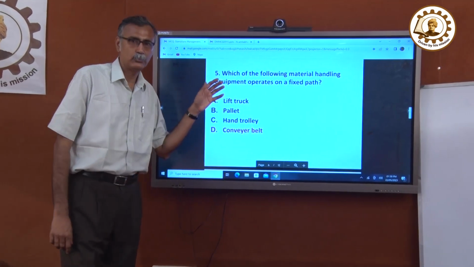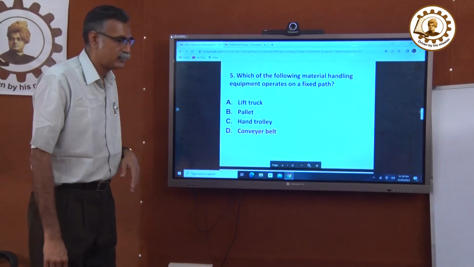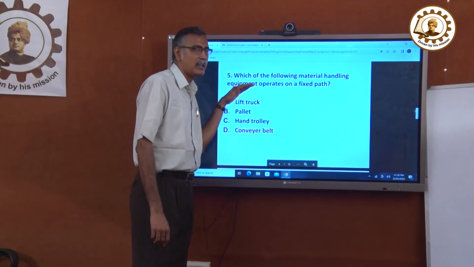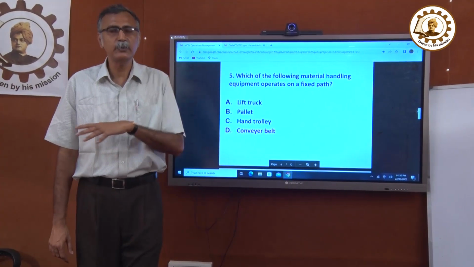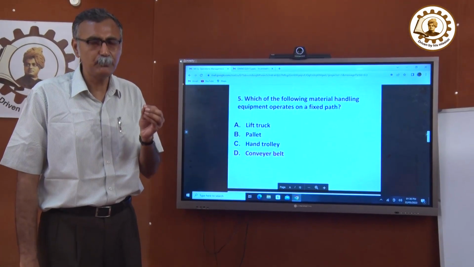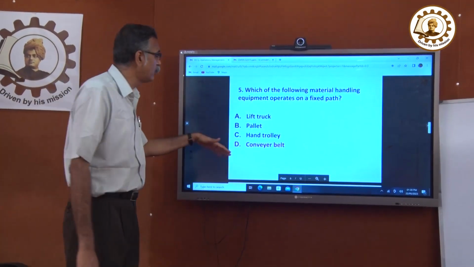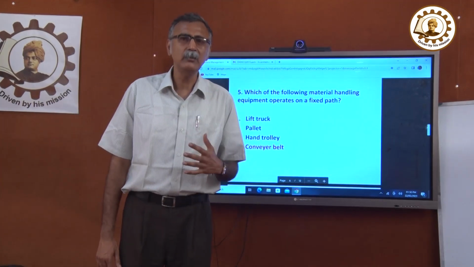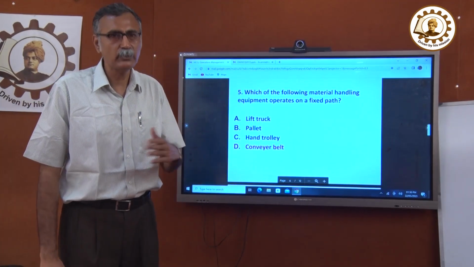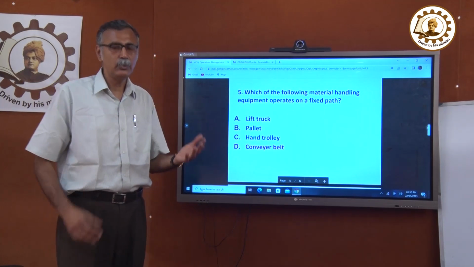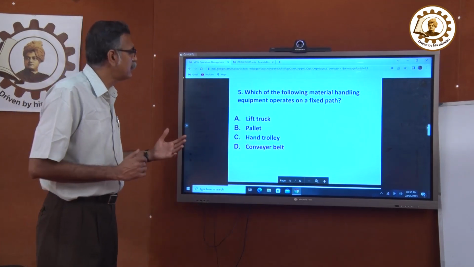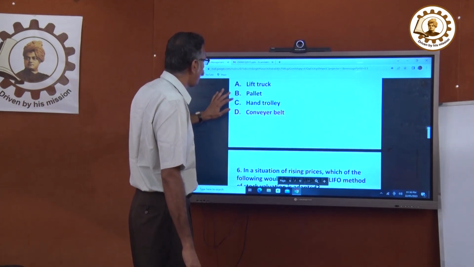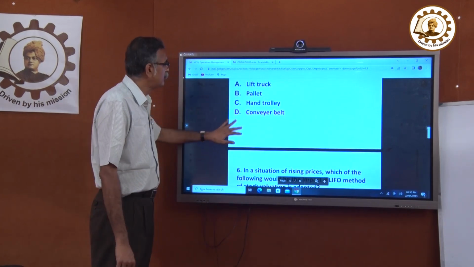Pallets have wheels under them, and hand trolleys also can move anywhere within the plant, with no pattern of movement. But the conveyor belt is a prefixed one, you cannot change its path. So it moves in a fixed path. That's why option D is the right answer.